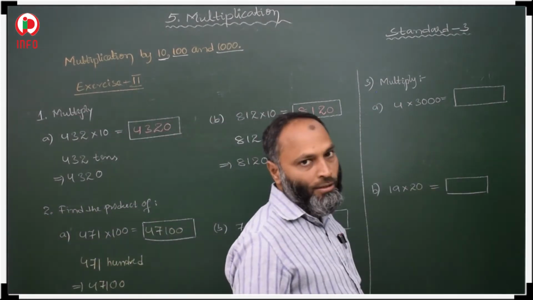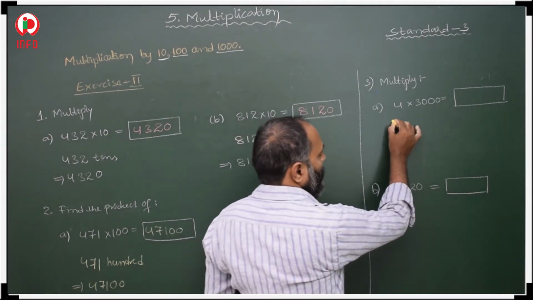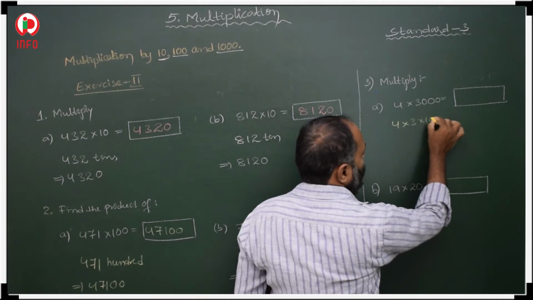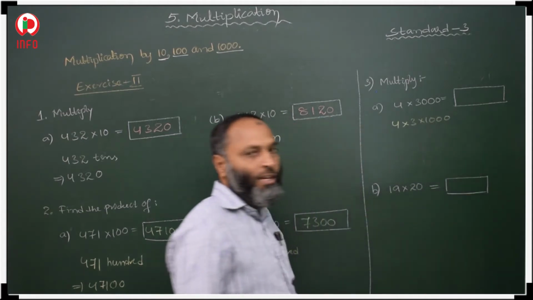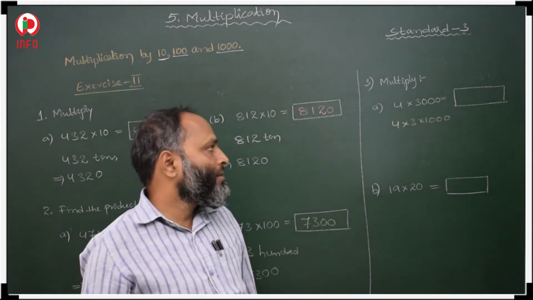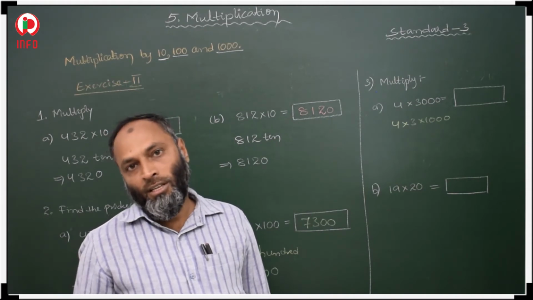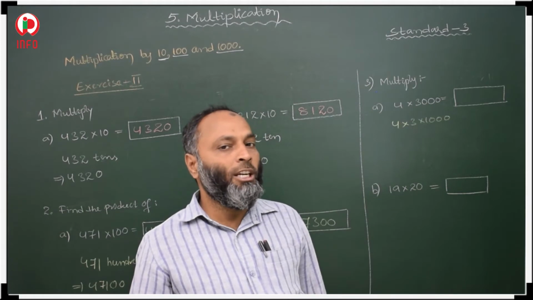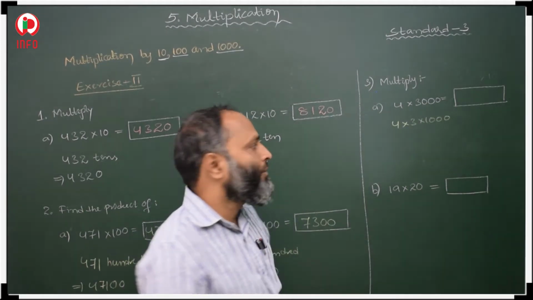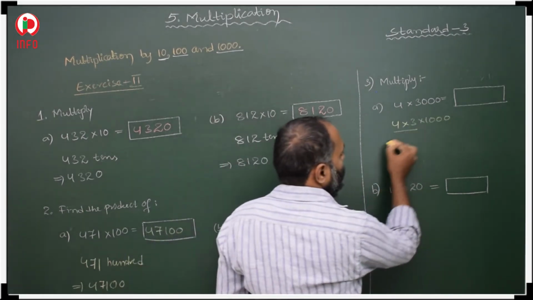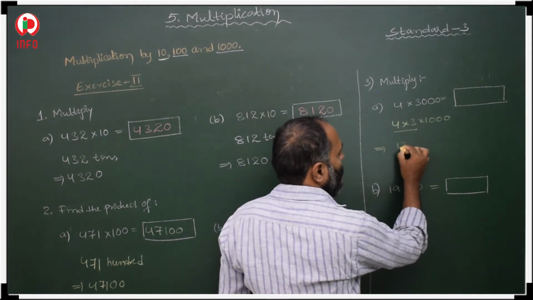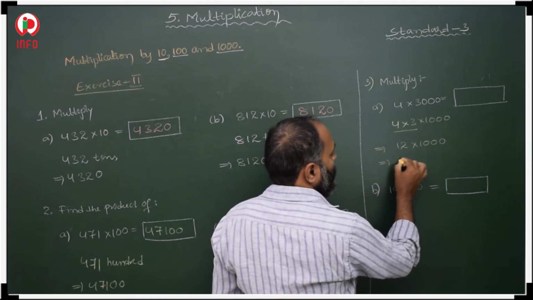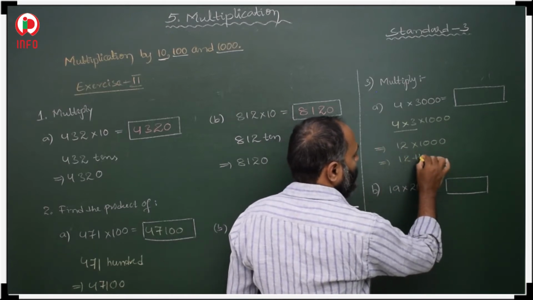Now 4 into 3000. First we have to take 4 into 3000, which means 4 into 3 into 1000. First we convert 3000 into the product 3 into 1000. Now multiply these two. 3 4s are 12. 12 into 1000, that is 12,000.